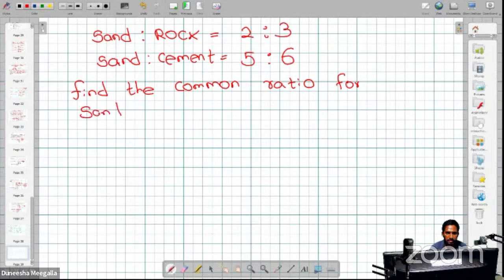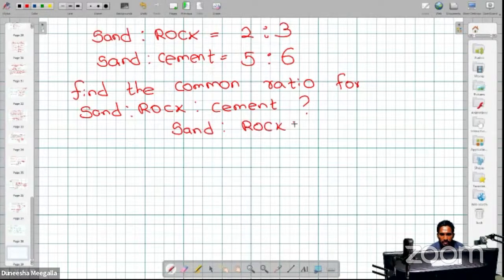Sand, rock, cement. Can you find out how we find sand to rock and cement?